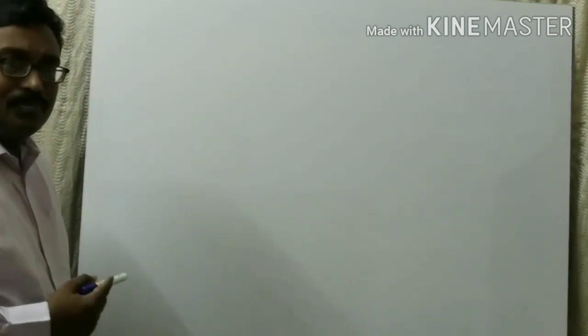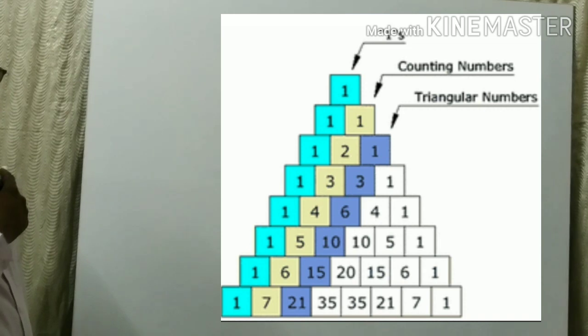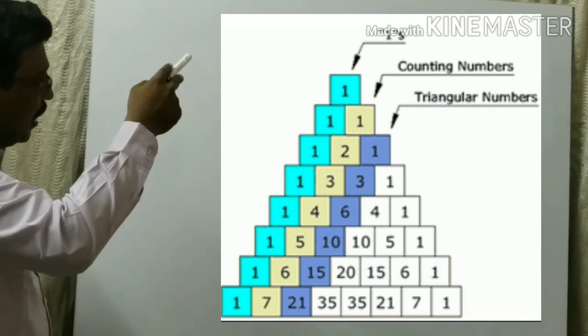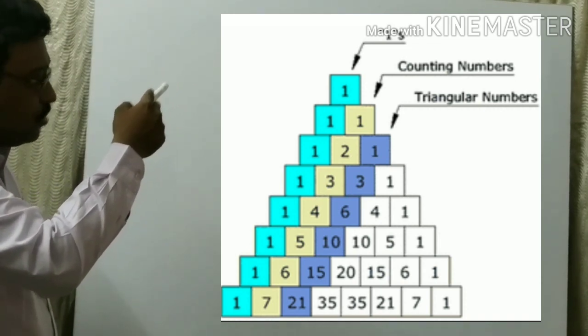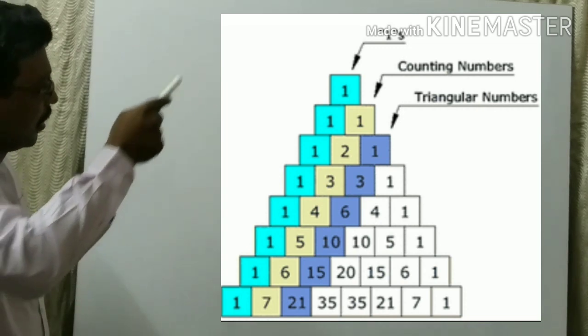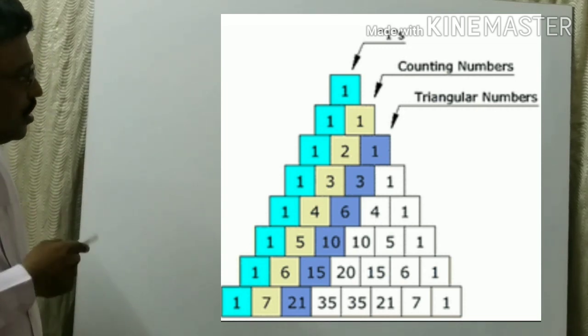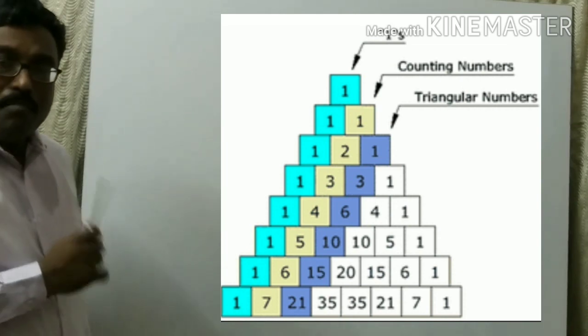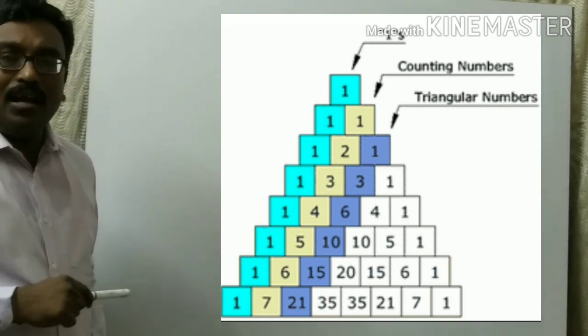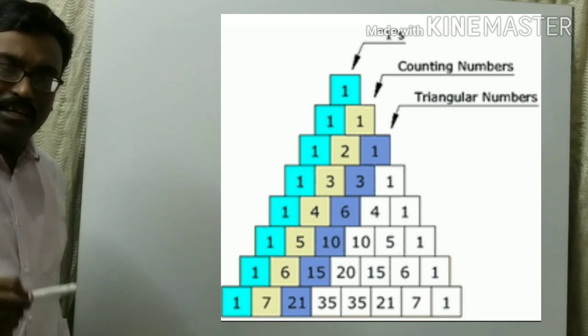Now this is the visual of the Pascal triangle. See the first color, all extremes are 1. In the second color, you can see the counting numbers. And the third color, that is triangular numbers. So this is about the Pascal triangle. Pascal triangle is also known as arithmetic triangle.